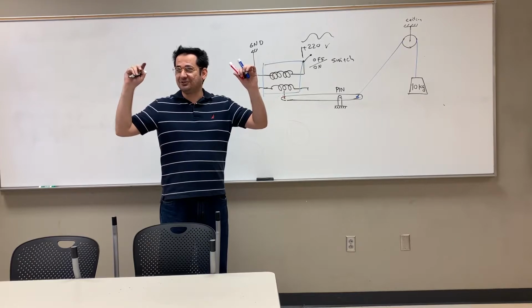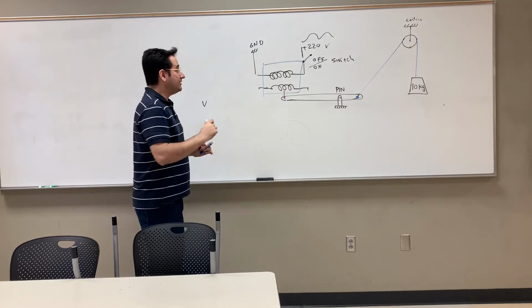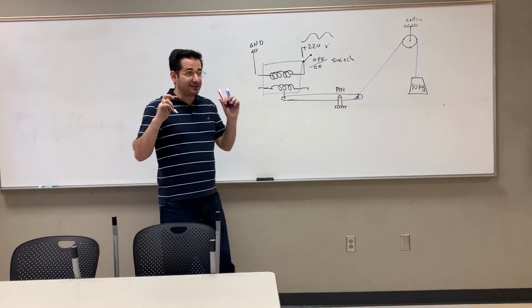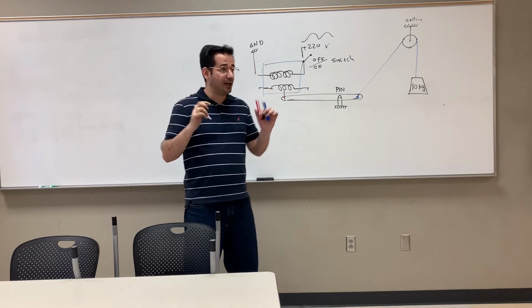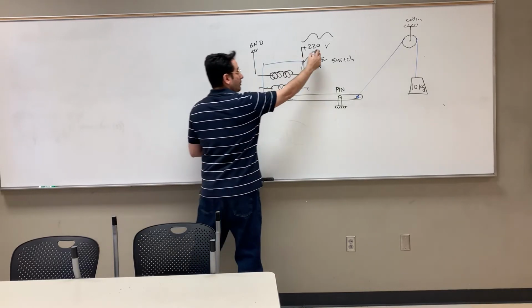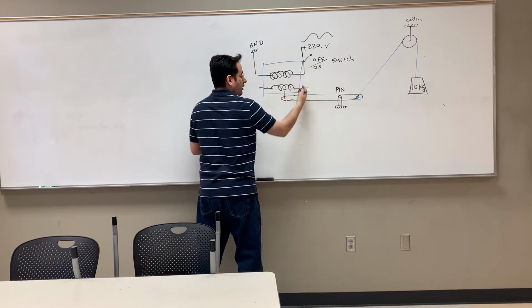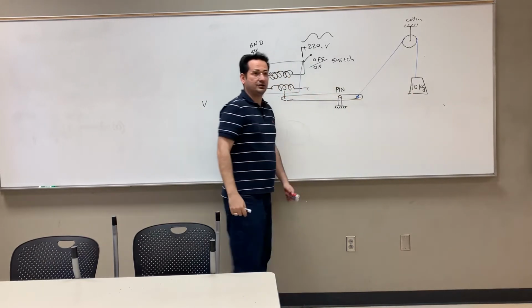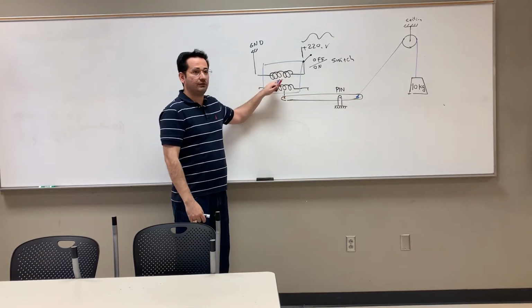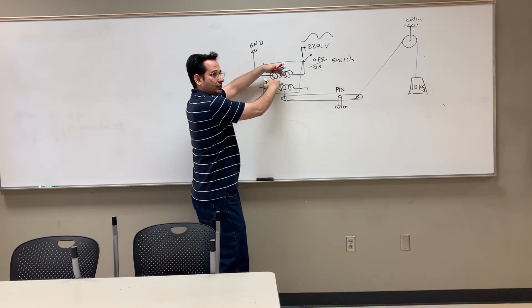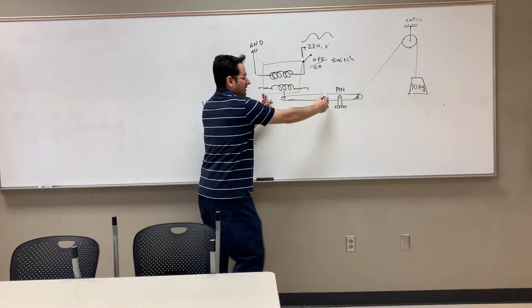Attention, electrical engineering students. Practically, you will be able to find the value of voltage that you require to lift this 10K, if I give you all the parameters of this coil and the connectivity and everything, the distance, everything.